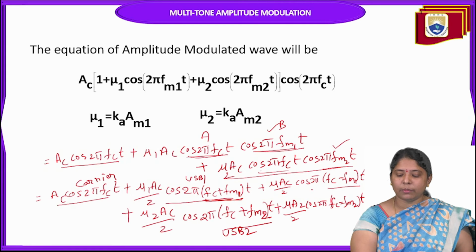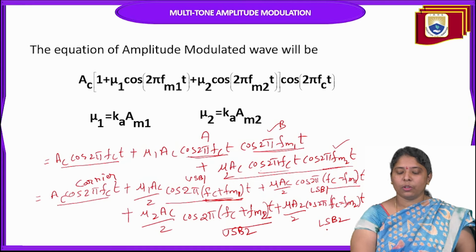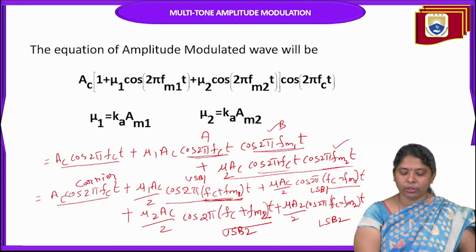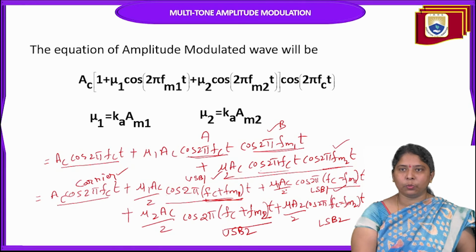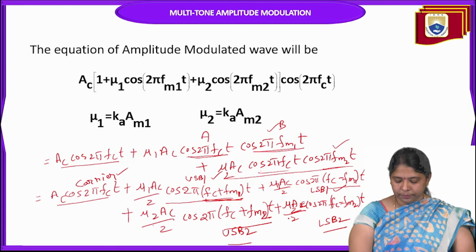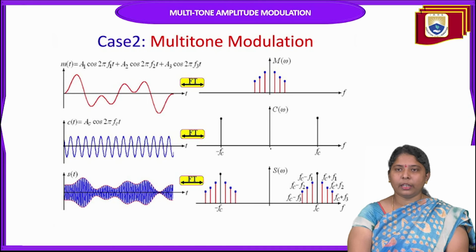Similarly, there are two lower sideband terms, lower sideband 1 and lower sideband 2. So in a multitone AM wave the first term is the carrier, and the upper sideband 1 and lower sideband 1 magnitudes are mu1 Ac/2, while upper sideband 2 and lower sideband 2 magnitudes are mu2 Ac/2. Now let us see the power calculations in multitone modulation.